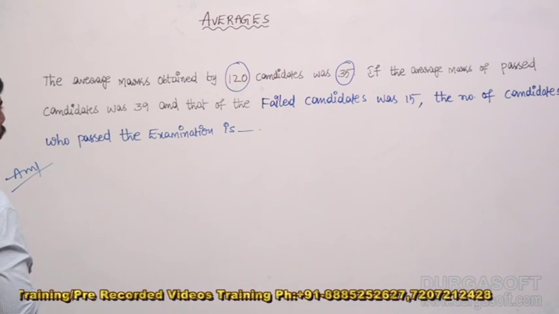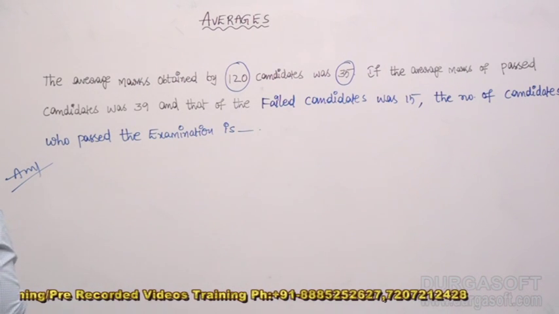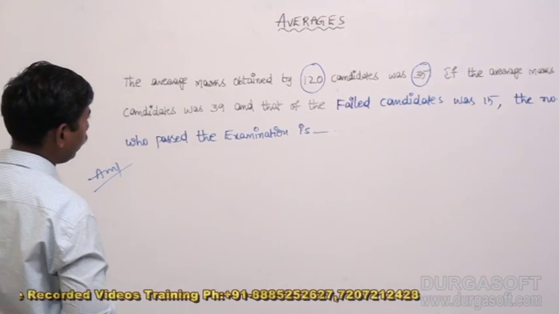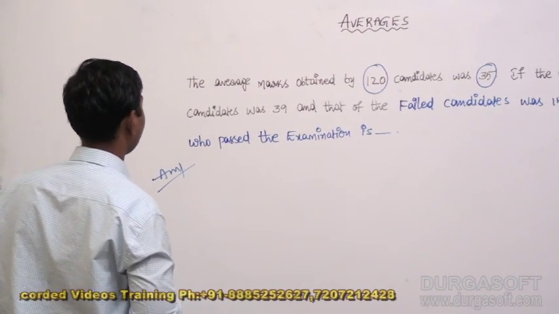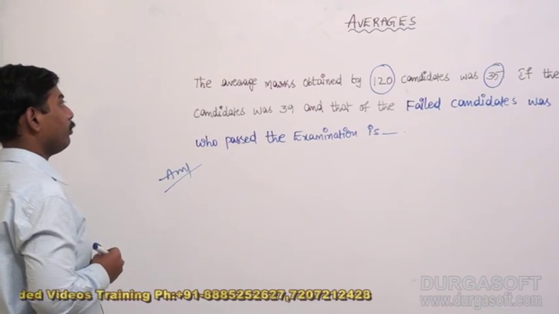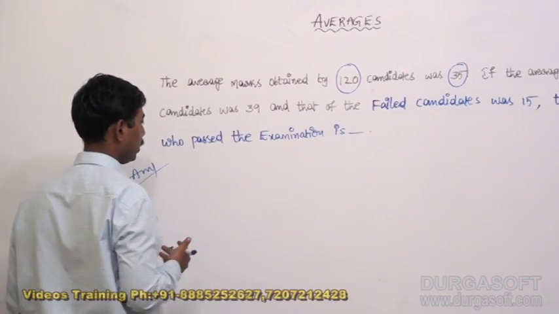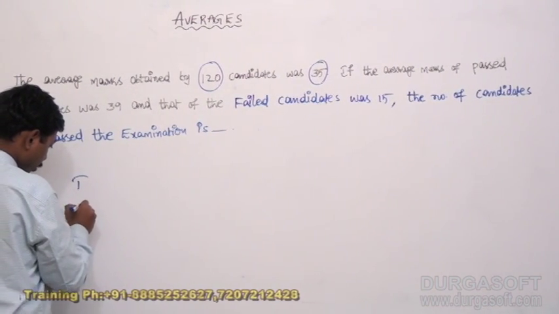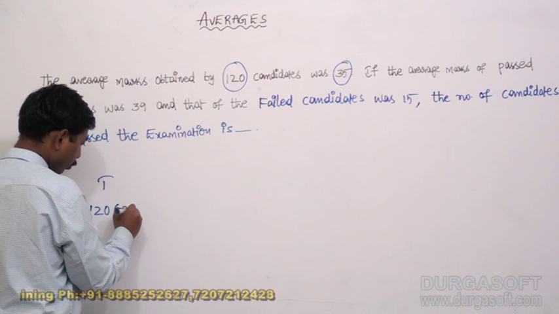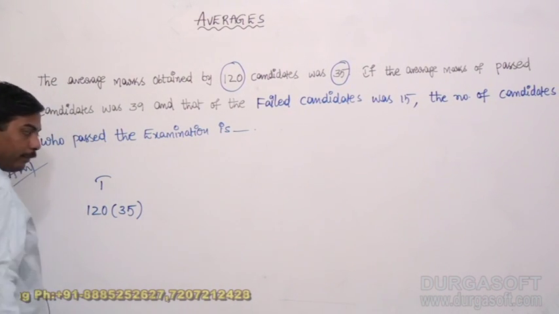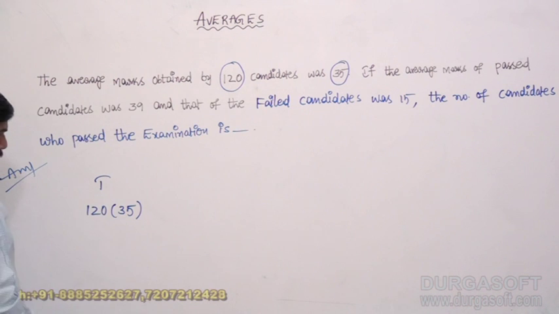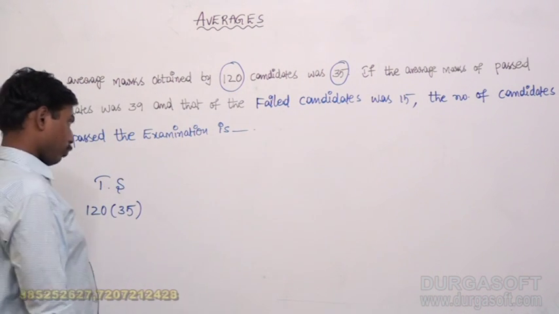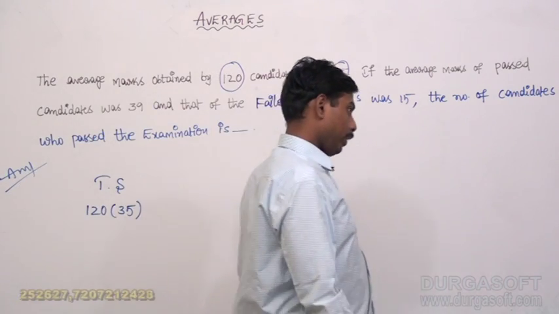If the average marks of passed candidates was 39 and that of the failed candidates was 15, the number of candidates who passed the examination is... Total students is 120, their average is 35. The summation of the total students is nothing but the product of the total number of students and their average.